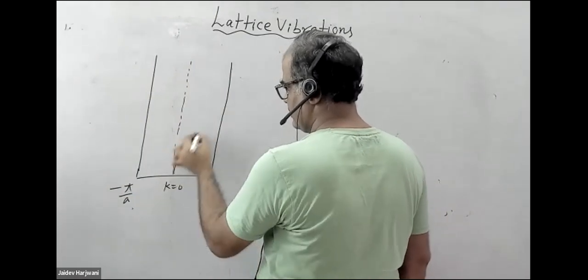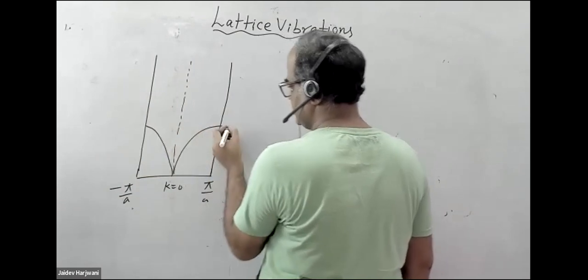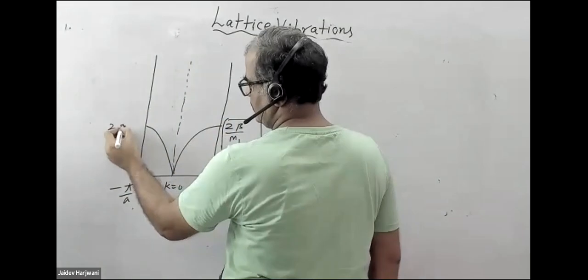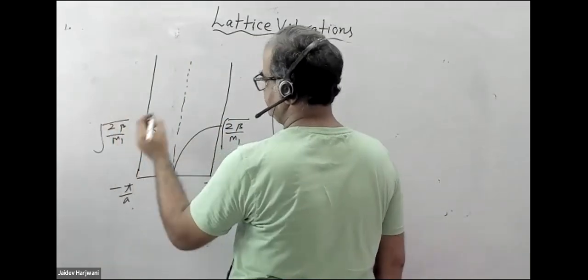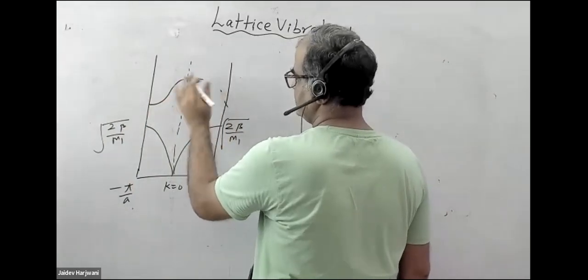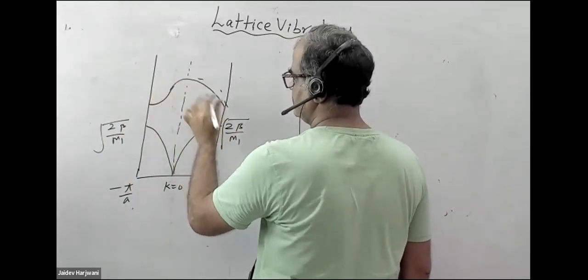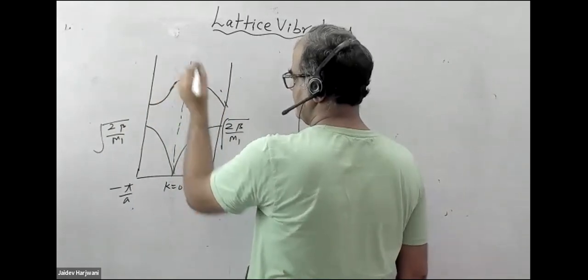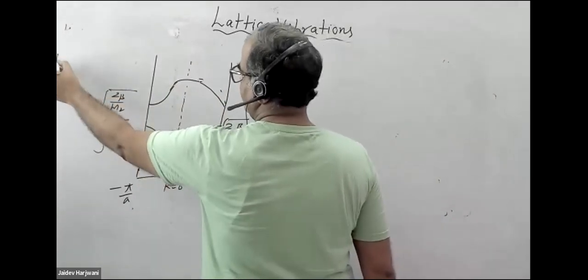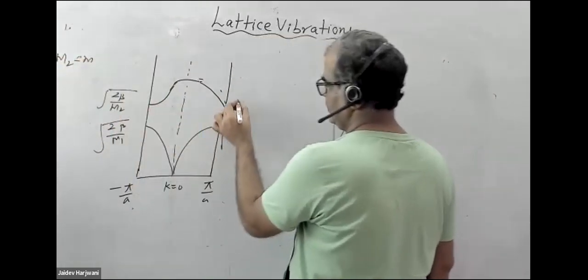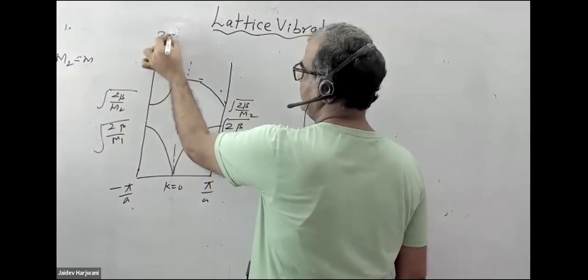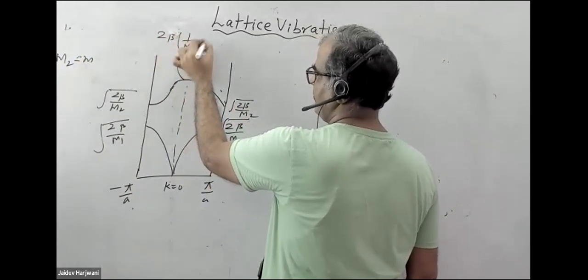This is the acoustic branch, 2 beta upon m1. Then we have this optical branch. This value is 2 beta upon m2. Remember, m2 is the lighter mass here. And this value is 2 beta times (1 by m1 plus 1 by m2).